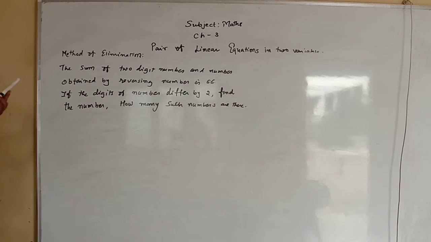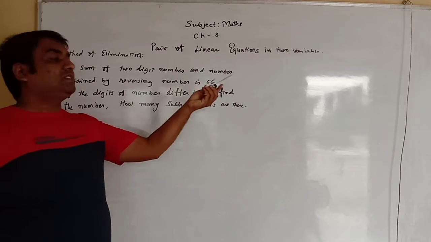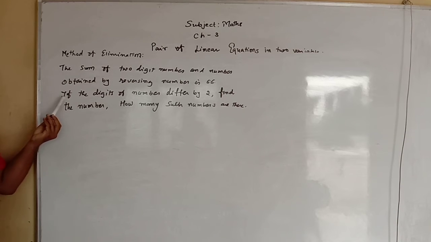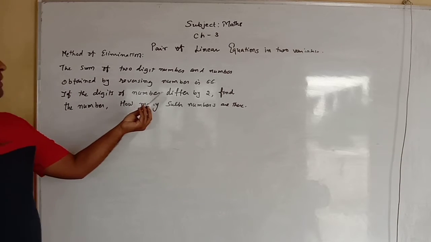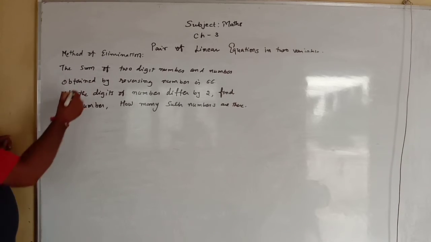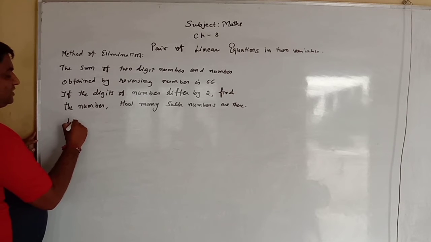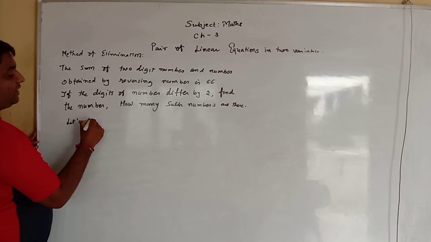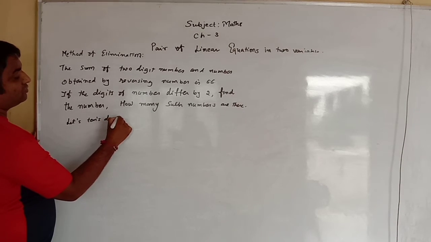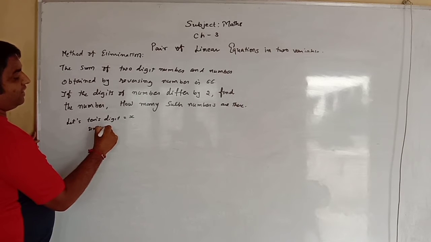Now we are given the question: the sum of a two-digit number and the number obtained by reversing the digits is 66. The digits in the number differ by 2. Find the number. Also, how many such numbers are there? So here it is a two-digit number, so let the tens digit equal x and the unit digit equal y.